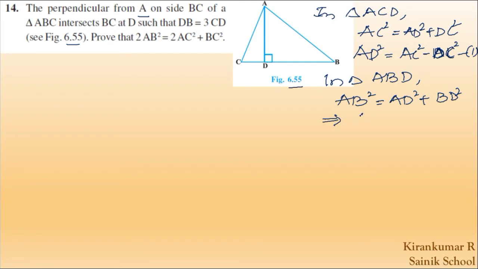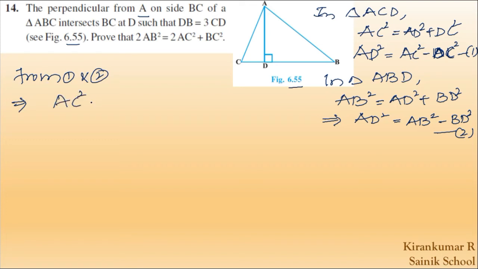This implies AD square as AB square minus BD square. Let's name this as equation 2. From equation 1 and 2, we get AD square present on left hand sides, so I can equate the right hand sides. AC square minus DC square will be equal to AB square minus BD square.